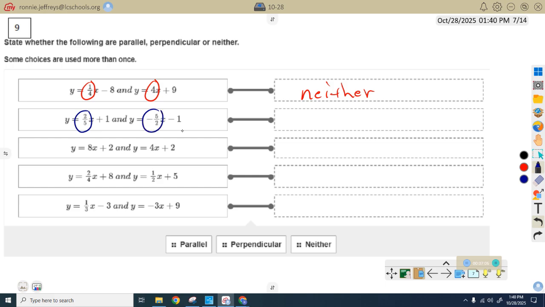This is negative 5/2. This one is perpendicular. All right, this is 8x plus 2. This is 4x plus 2. The slopes are not the same. The only thing they have in common is the same y-intercept. Yes, that one was done on purpose to see if people would say it's parallel. This one's neither.